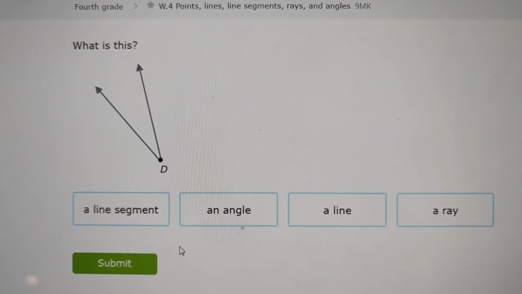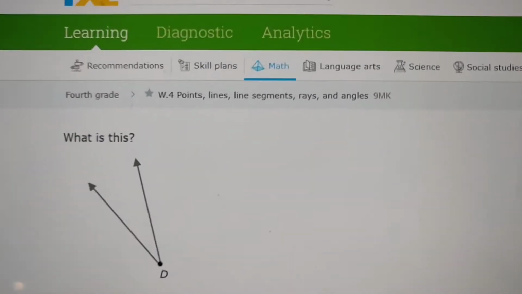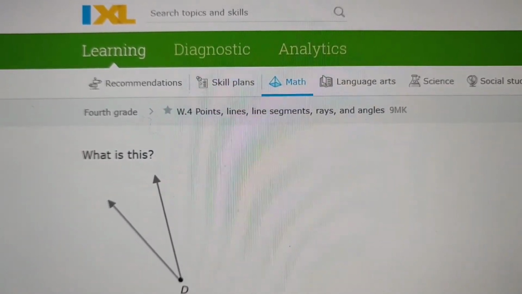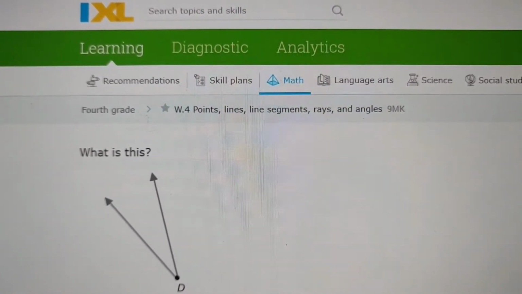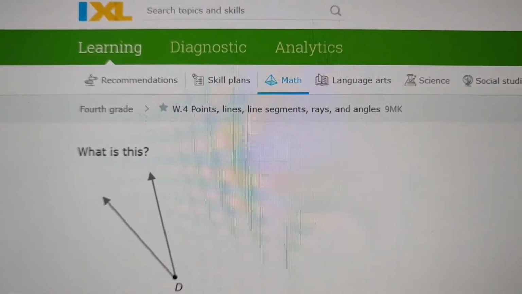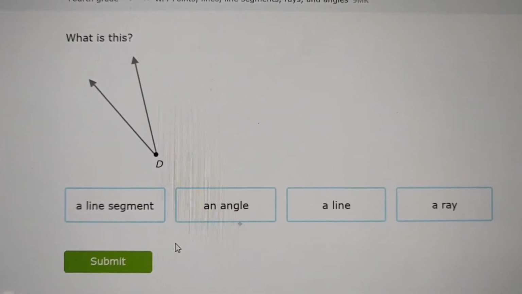So having learned all that, I want you to first notice that we're on IXL 4th grade W4, points, lines, line segments, rays, and angles. And go ahead and take a look at this problem.